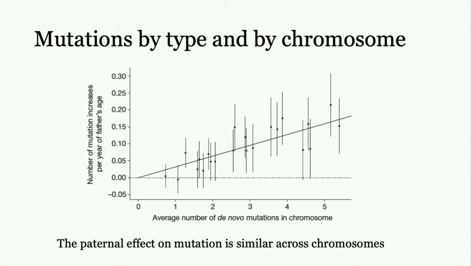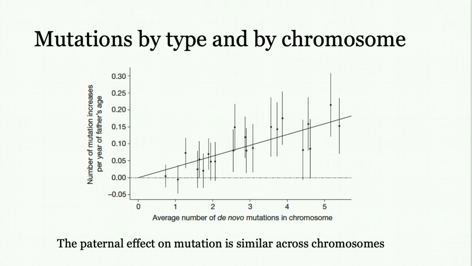The x-axis is the number of de novo mutations observed in that chromosome. The y-axis is the number of mutation increase per year of the father's age. But the take-home message here is that the longer the chromosome, the more de novo mutations you're going to get.